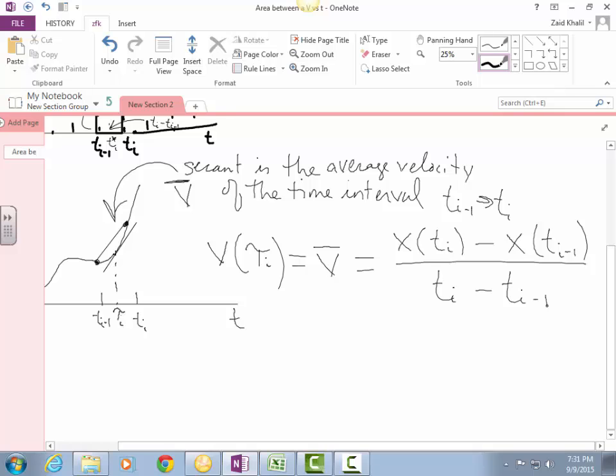And notice that's the average velocity of that time interval, called v bar i.